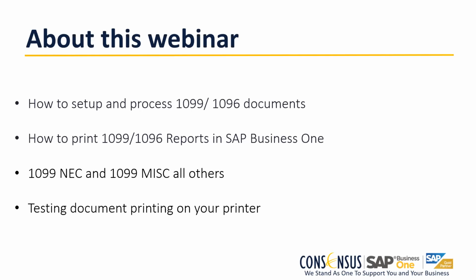At the same time, we're going to see how to set up and process these 1099 documents, how to print them, and what the differences are between the new form, which is the 1099-NEC, versus the 1099-MISC. As we all know, the IRS just brought up a new change to the existing form for 2021.